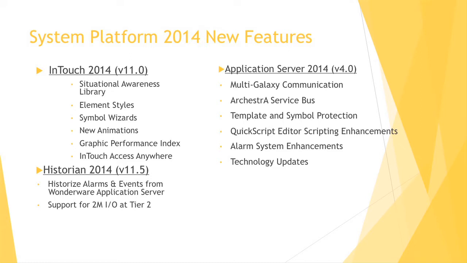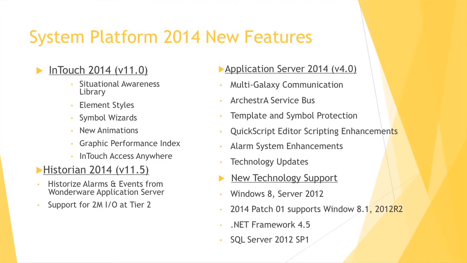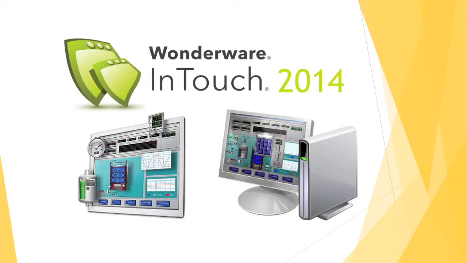And then templates, some changes to the script editor, some enhancements there, and some enhancements to alarms. And of course, updated support for operating systems. So let's dive into InTouch first.